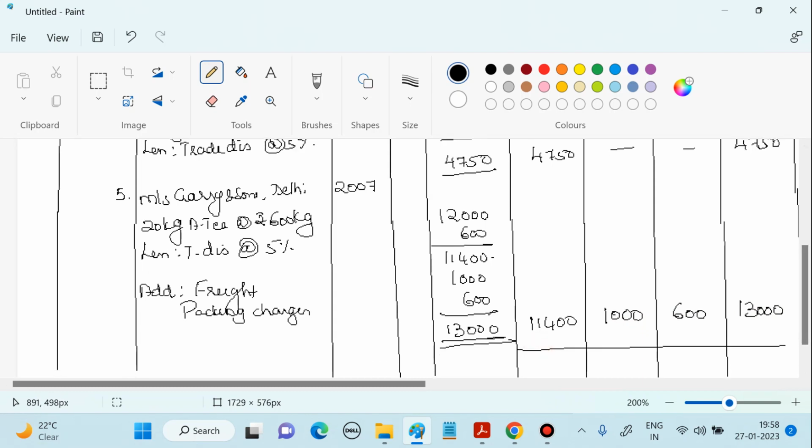And we will just total it. Total all the columns. Sales value is 30,400, 1,600 and 32,000.